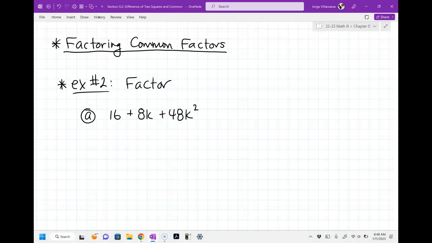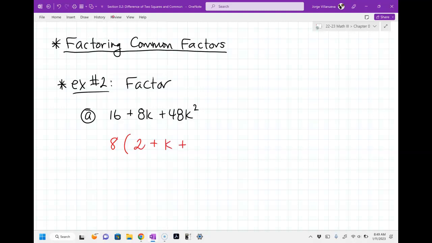But in terms of numbers, what numbers can I factor out of 16, 8, and 48? An 8, right? I can take an 8 out. So I'm going to take an 8 out. And what's left on the inside is a 2, because that's what 16 divided by 8 is, plus a k, because I removed an 8 from the 8k.